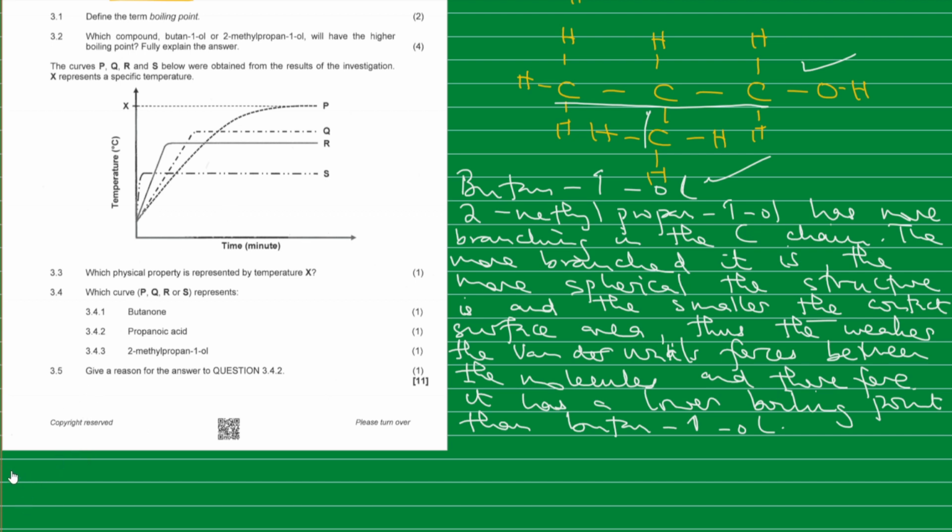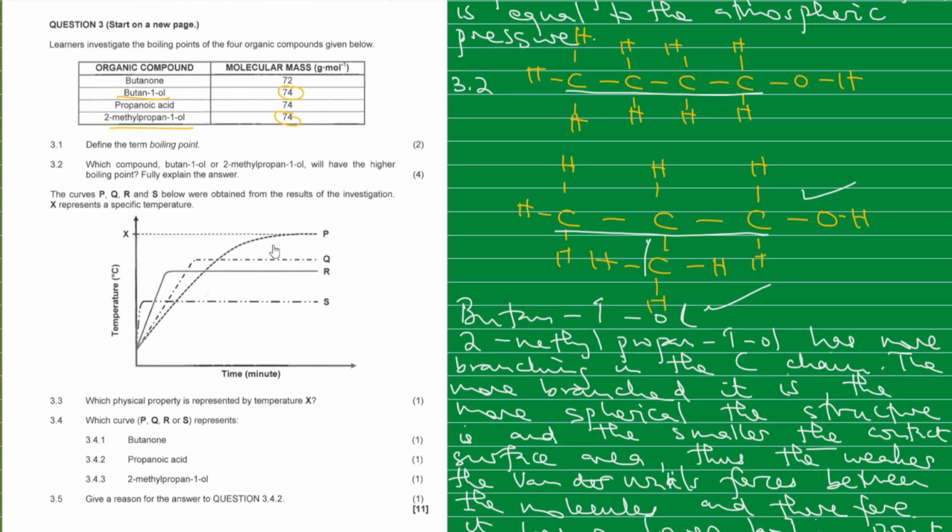So 3.3, the physical property represented by X is the boiling point of compound P. We know what it is because from these 4, compound P, the one that has got the highest boiling point out of all these ones is the butanol.